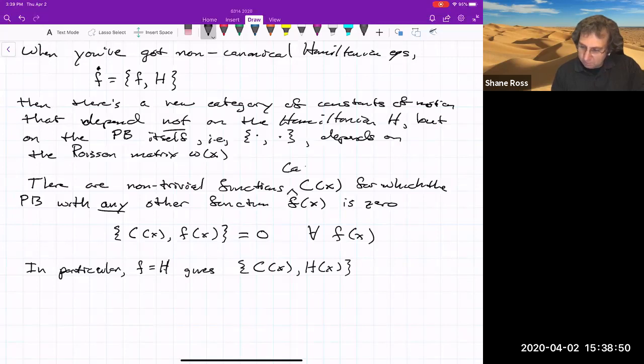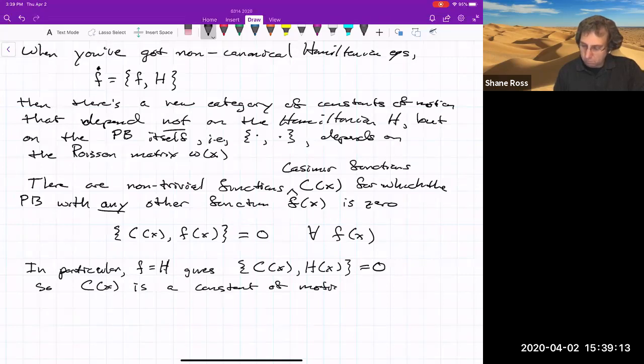We call these Casimir functions, so that's why the C, but they're just functions whose Poisson bracket with any other function is 0. In particular, if that function is the Hamiltonian, we get 0. So C of x is a constant of motion, since we'll get that the total derivative of C along trajectories equals 0. Okay.